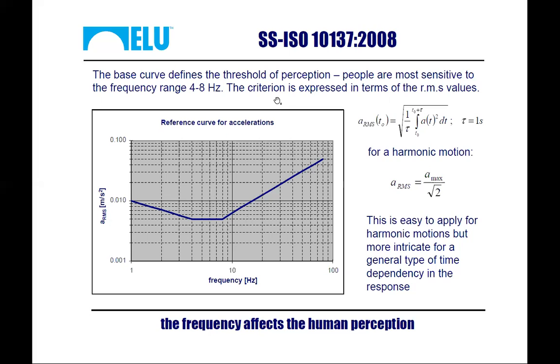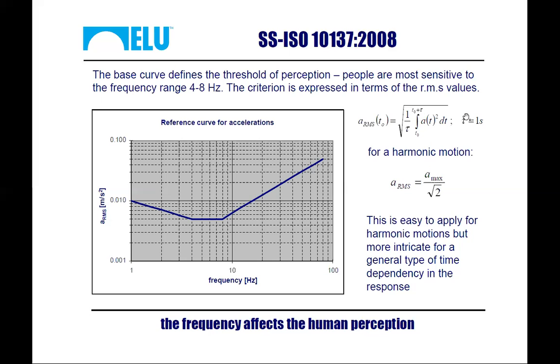One other interesting thing about the values given in ISO is that they are not given in terms of maximum acceleration, but in terms of root mean square of the acceleration.